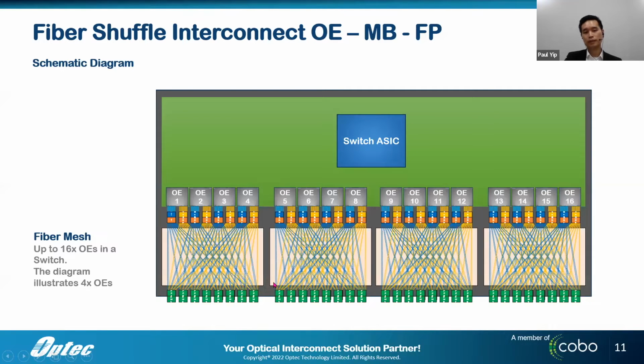In this scenario there are a total of 1,024 fibers inside the chassis and 64 connectors on the front panel. So the other advantage of this is to facilitate high density faceplate applications.